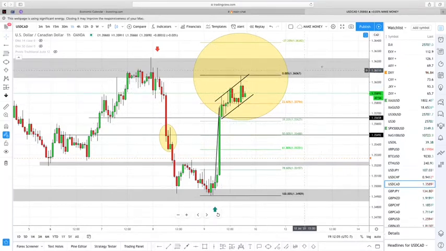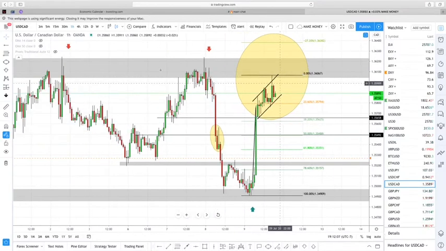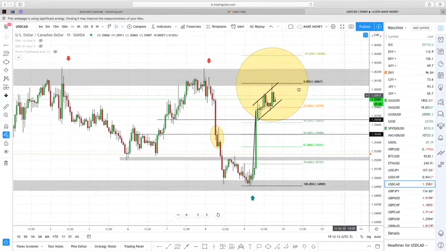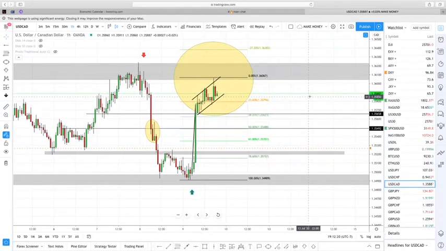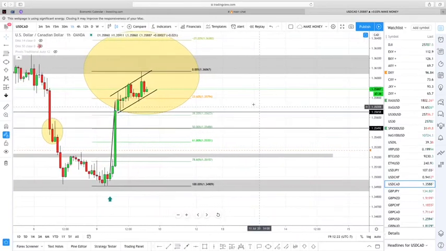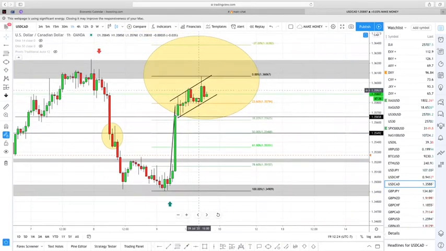Now, since we are at this zone right here at the top where price is rejecting from, what's going to happen is from here, we can still get another push up, even though this on the hour is a dark cloud, okay, we're still within this flag.